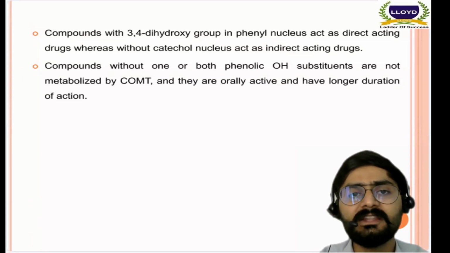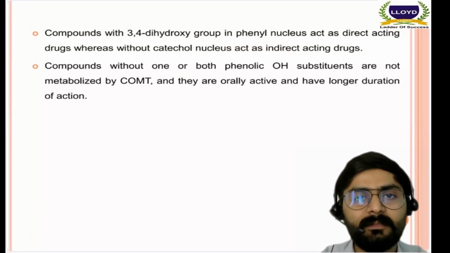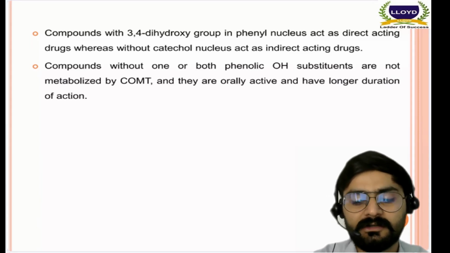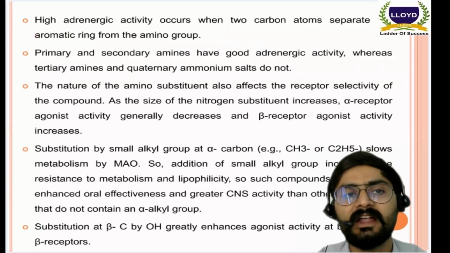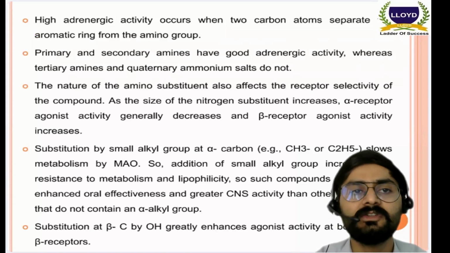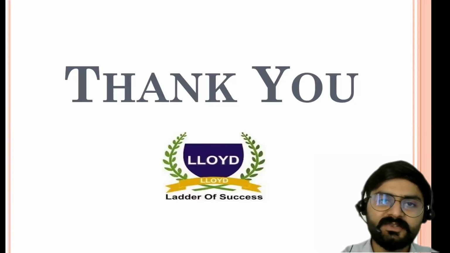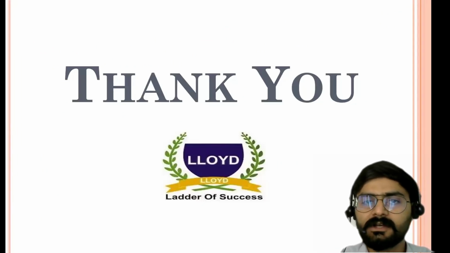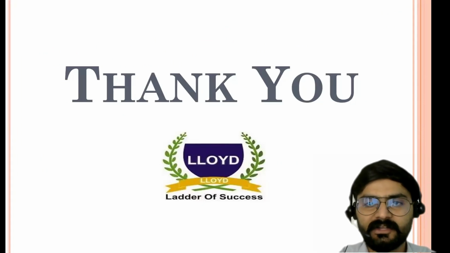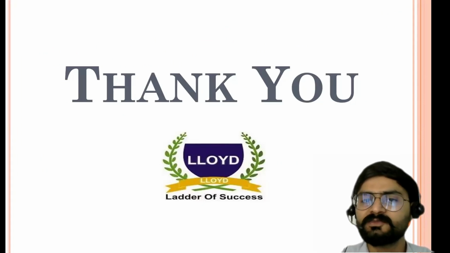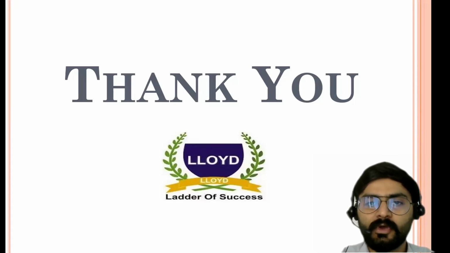So these are the basic SAR points by which we drive the activity of these adrenergic neurotransmitters or drugs acting on the adrenergic systems. To summarize today's session, we began with the classification of sympathomimetic drugs based on mechanism of action, receptor selectivity, and chemical moieties.